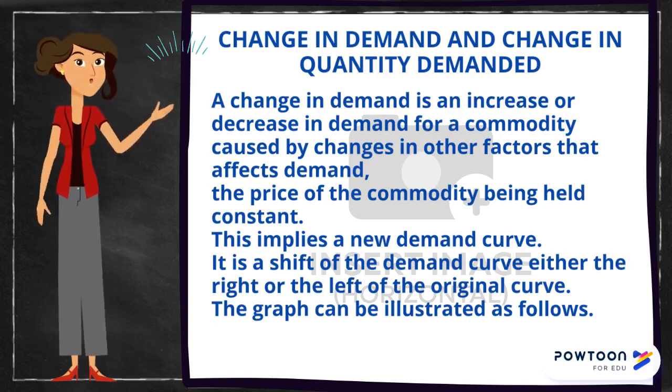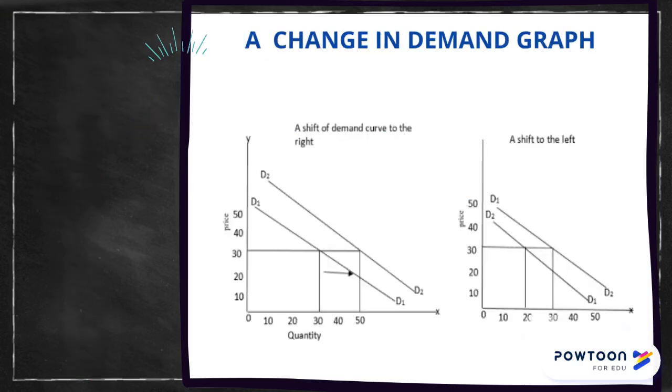And the graph can be illustrated as follows. These two graphs are the graph of a change in demand. If you look at the first graph, which is a shift of the demand curve to the right, this curve shows that a greater number of the commodity is now bought than the original quantity.